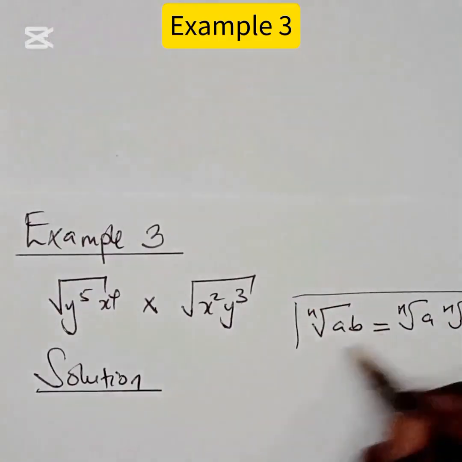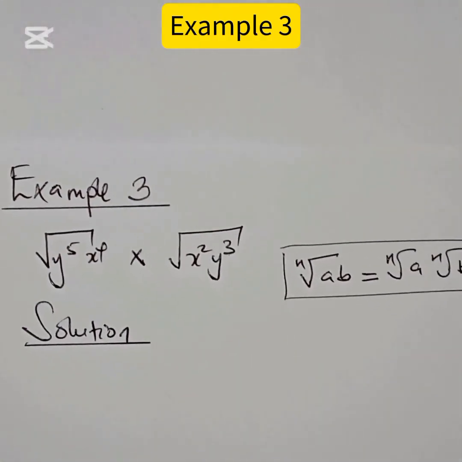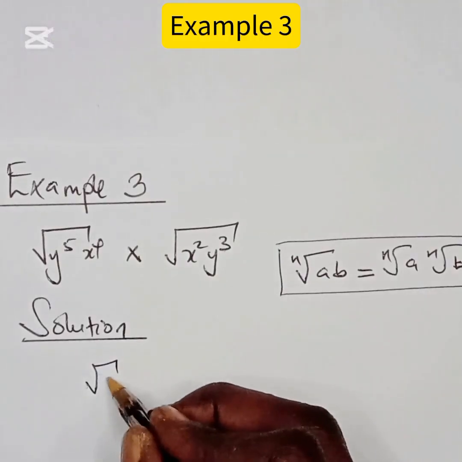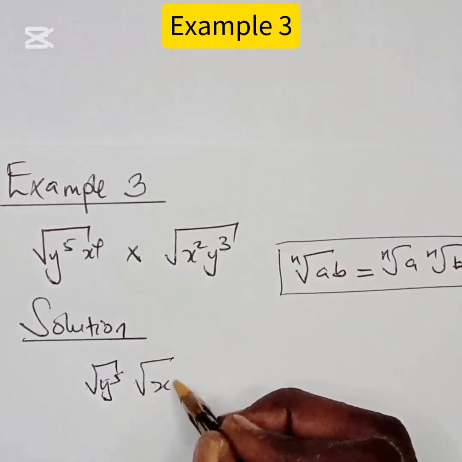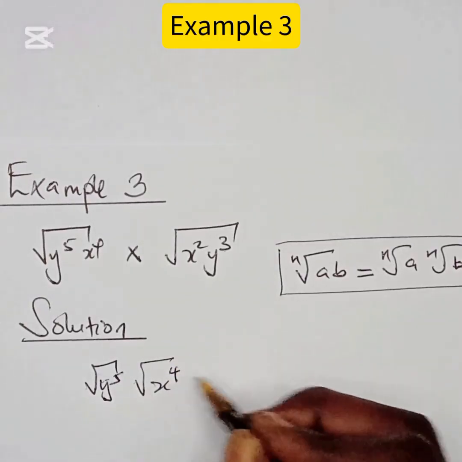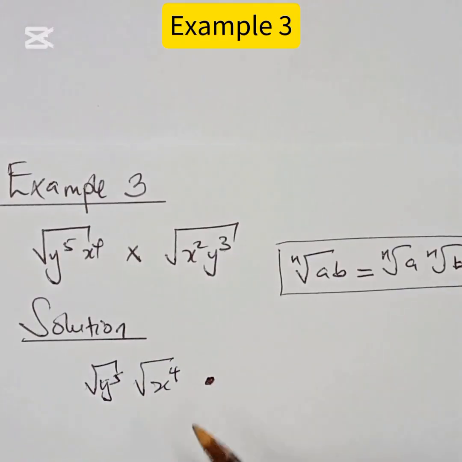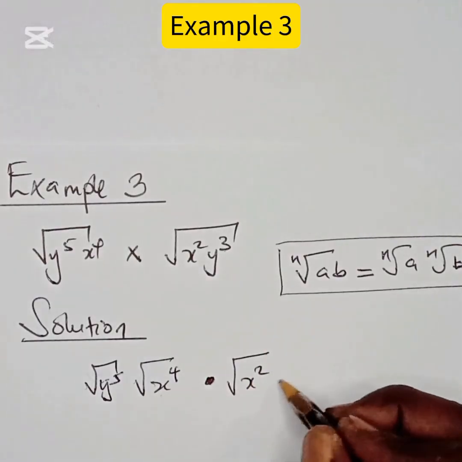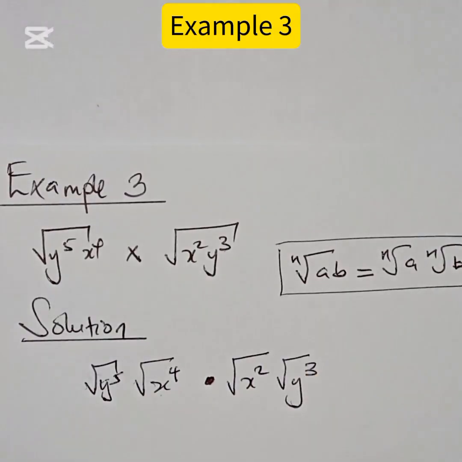So we are going to have the root of y to the power 5 multiplied by the root of x to the power of 4. And that is multiplying, and just put a dot so that we don't confuse this multiplication sign with that x. And then we have x squared multiplying y to the power of 3.